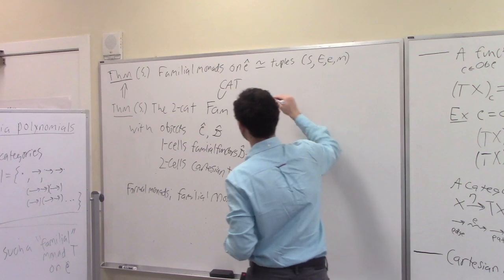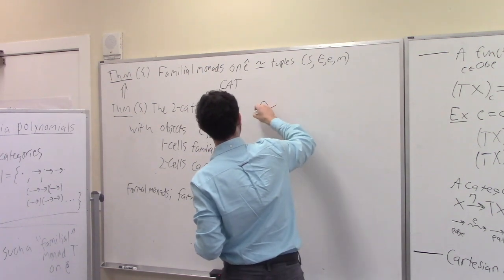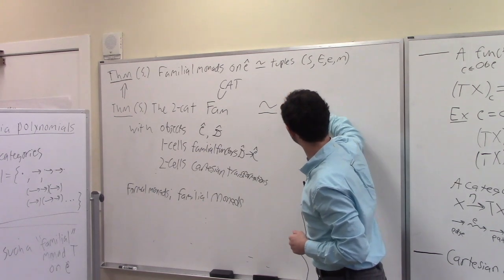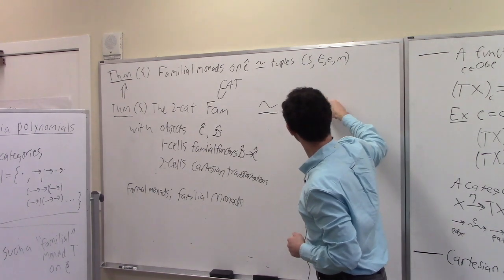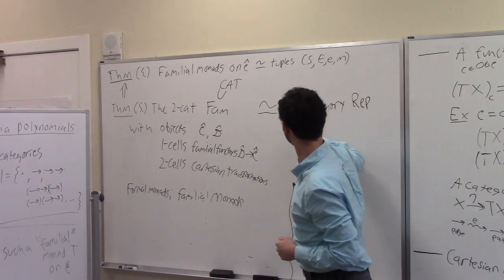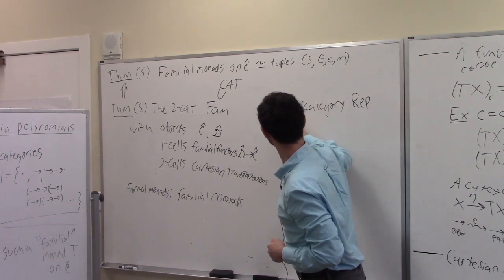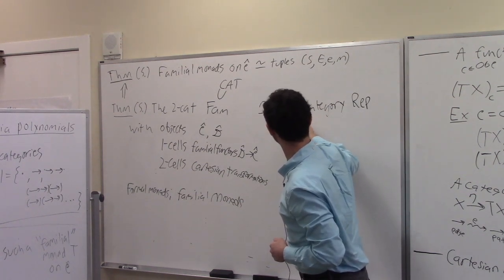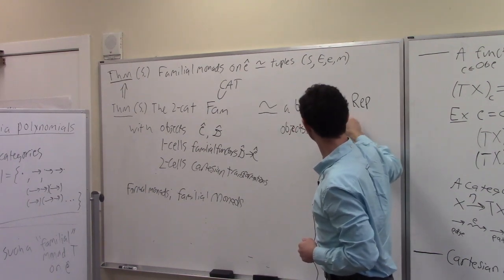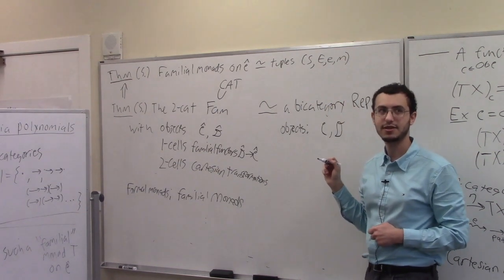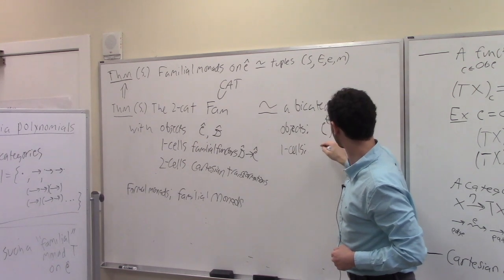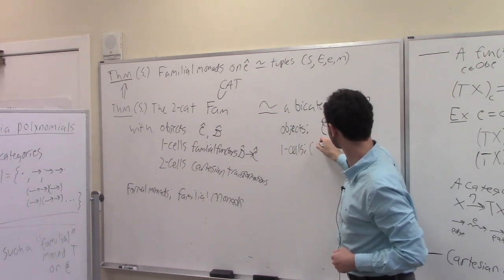And the theorem then is that this is equivalent, or rather biequivalent, to a bicategory I call Rep. And I'll tell you what that means. So our objects are small categories, which I'll keep writing as C and D. Our one-cells are what I call familial representations.